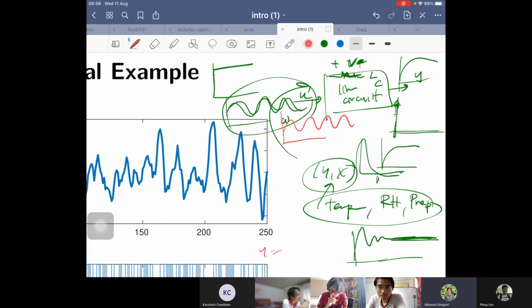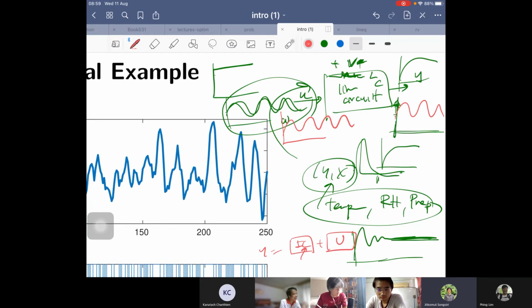Remember the response of a linear system to an input has two terms: the one that comes from the initial condition and the one that comes from the input, zero input response and zero initial state response. This is why you have a sinusoidal waveform, but is it the same magnitude or not?